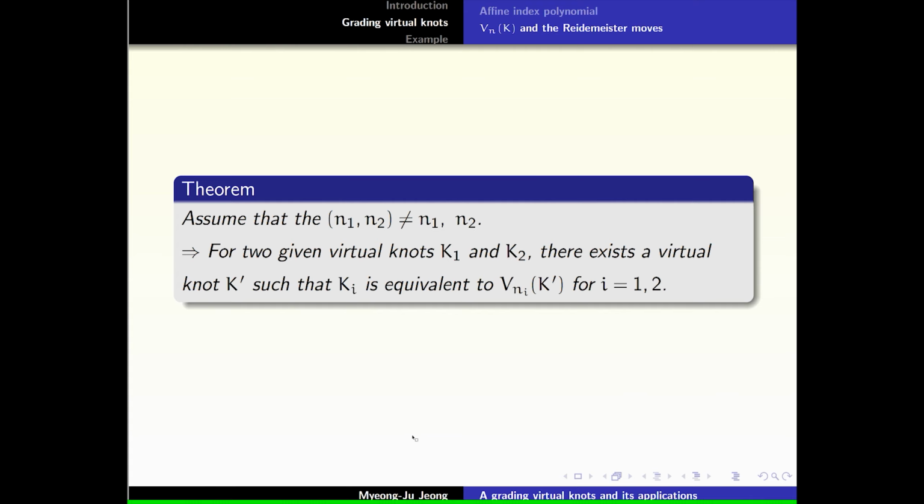And we can also show the following theorem by considering the connected sum of virtual knots. If the greatest common divisor of n1 and n2 is neither n1 nor n2, then we can show that there exists a virtual knot K prime, so that Ki is equivalent to V_ni K prime for each i.